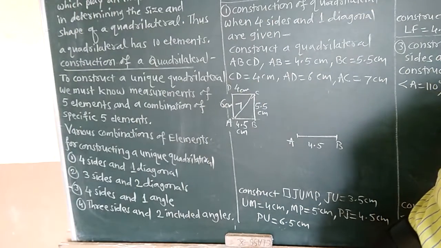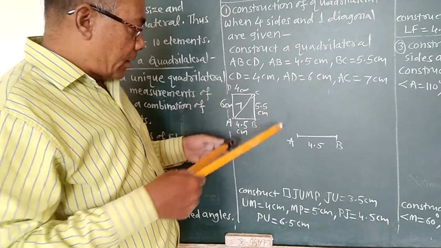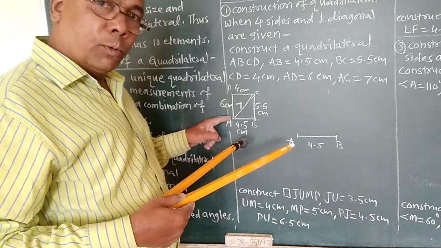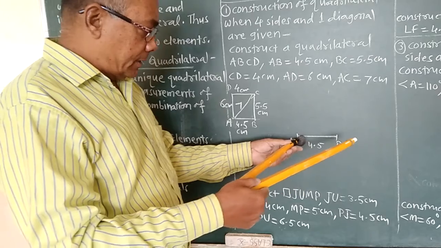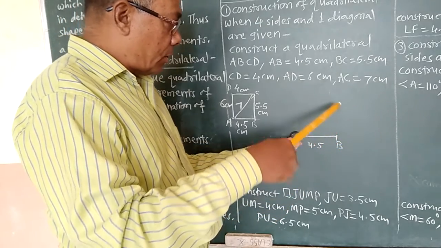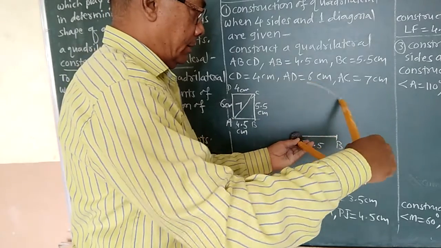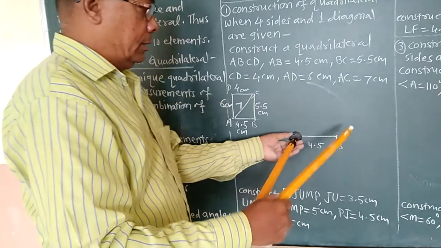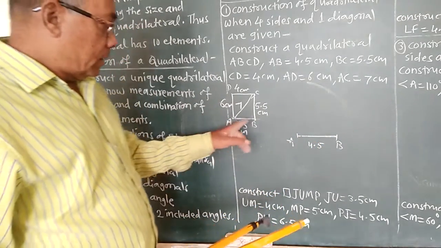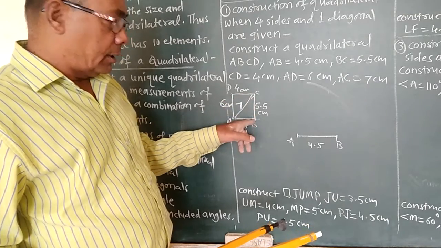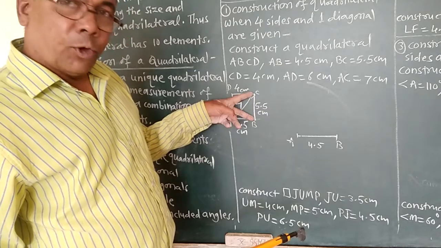In this way I have to draw the diagonal, means I have to put the metallic point on point A, then I will draw the arc. Now after drawing the arc, I have to draw another arc which is BC, 5.5 centimeter.